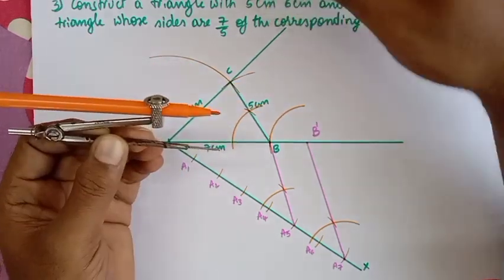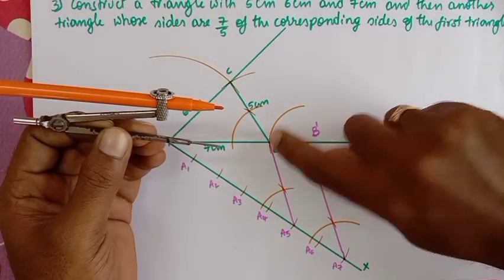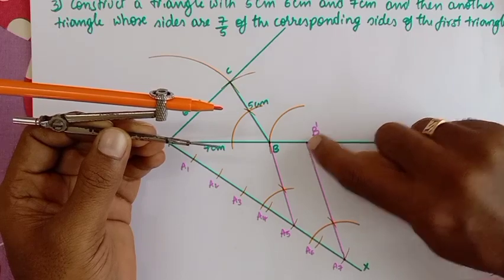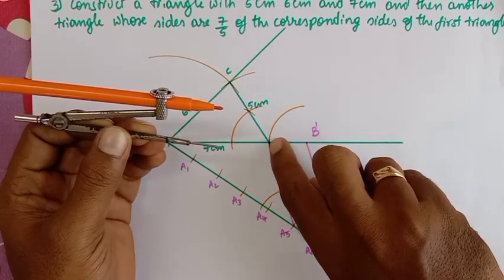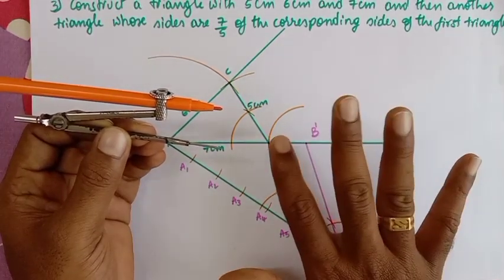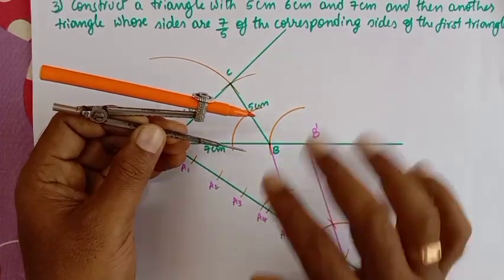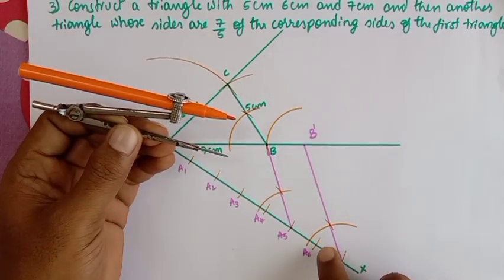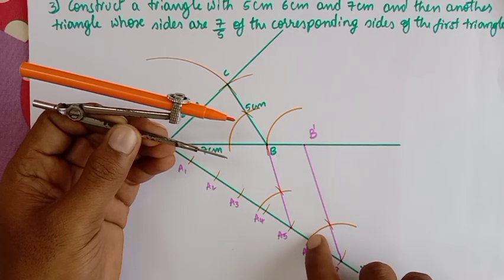No, it is not B actually. From the point of intersection of the arc that has been drawn from B dash, fortunately or unfortunately it has joined with B. It may not in all the cases join with B. Be careful in this point also. Here also this point may coincide with A6 or A5.